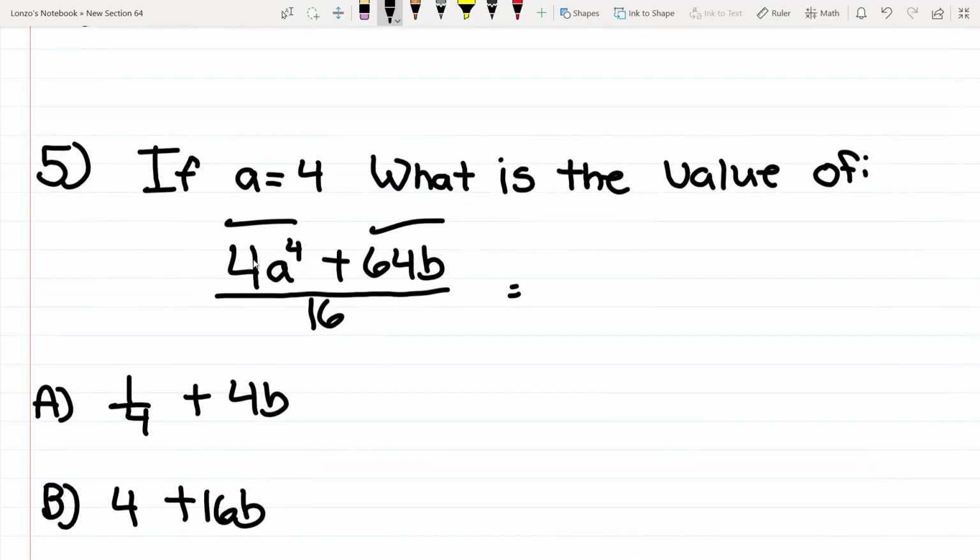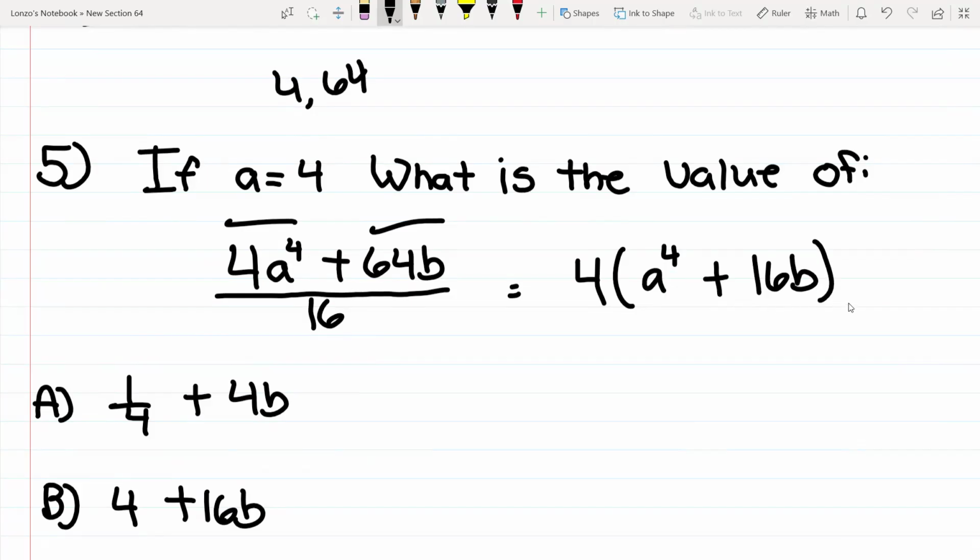So can we take out a letter? No, because they're different letters. This is an A, this is a B. So what about the constants 4 and 64? Maybe you could factor out a 4. Yes, that's it. 4 and 64, the largest thing you can divide by is 4. So it's going to be A to the fourth plus 16B, all over 16.